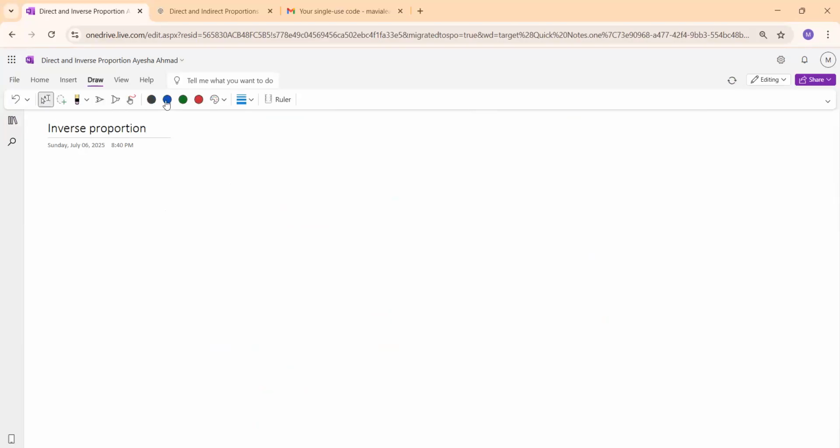No, sir. Okay, inverse proportion. What was inverse proportion? Do you remember? No, sir, I kind of forgot. Okay, fine. Do you remember what direct proportion was?